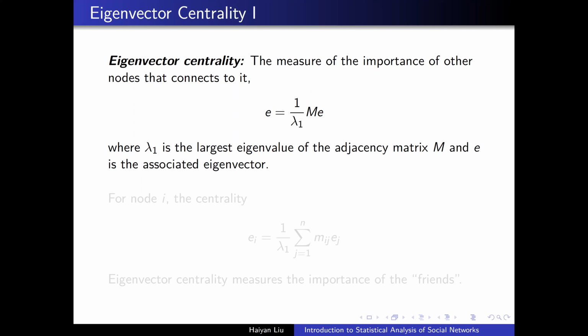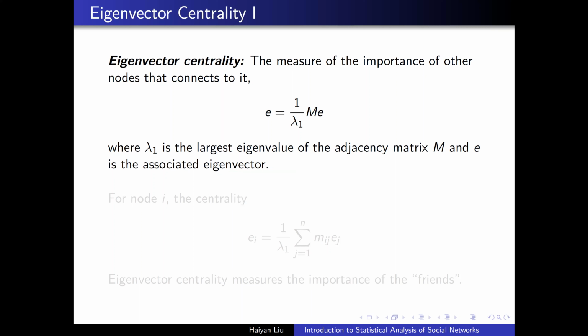We find the largest eigenvalue is lambda 1, and its associated eigenvector is E. E is a vector with n components if the network size is n, so for each node in the network we have a value in the eigenvector E. We use those values to represent the centrality of that actor.